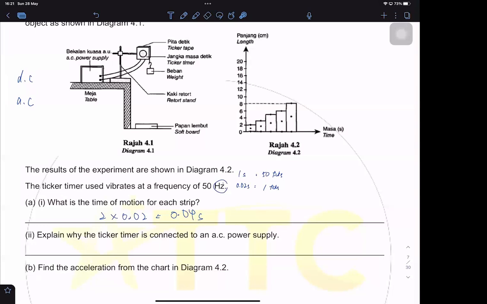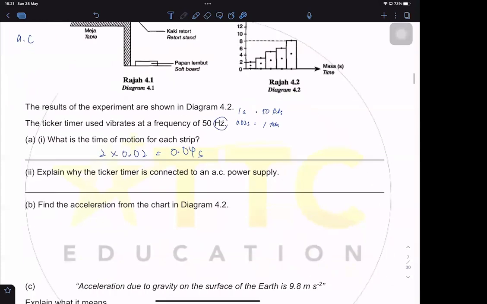So I need it to keep changing direction. So you can say, to allow the ticker timer to move up and down.